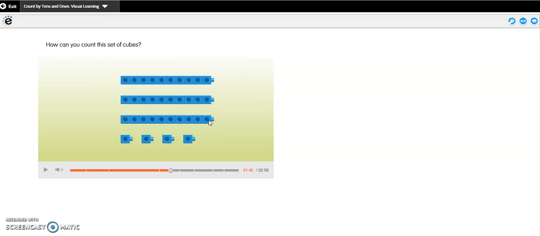So we can count on from 30 and add our ones. 30, 31, 32, 33, 34. So we started by counting our groups of tens, 10, 20, 30, and then we added our ones, 31, 32, 33, 34.